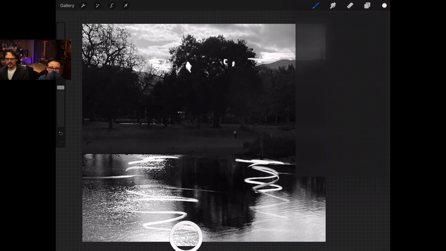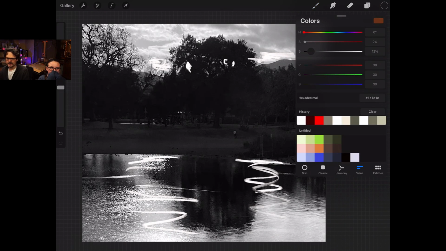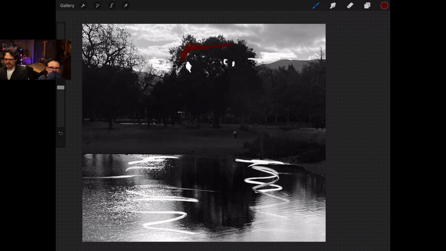My dark, number 4 value, well, you're not going to be able to see that, so why don't we make our number 4 value kind of red. So then our dark would be the tree. Let's just pretend we filled that all in.